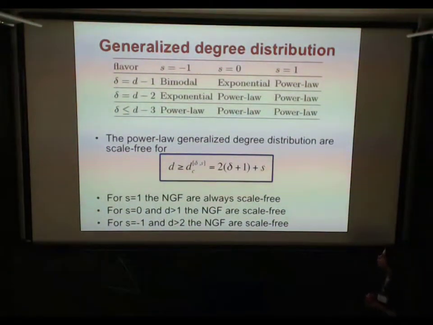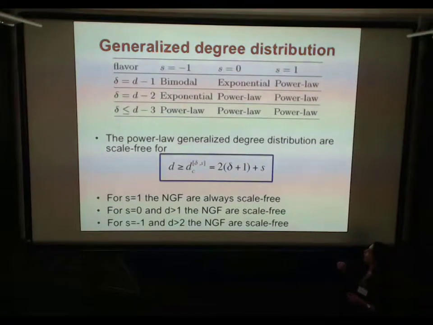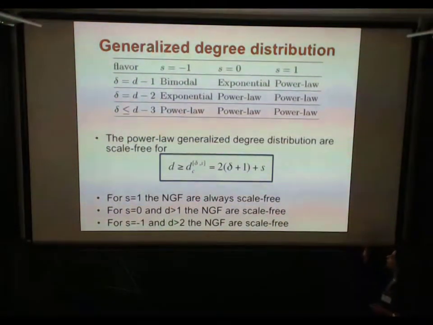So not only do these networks have this degree distribution that is scale-free, as I mentioned to you, but also the generalized degree distribution follows a very regular pattern, so that for S equal to 1, we have always preferential attachment.